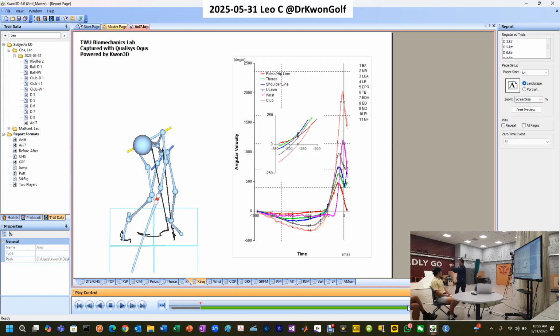So instead, keep the club closer to the body, bring this down here, and then later you have to let it go. That's the wrist motion near the impact. So you're just losing the club here.